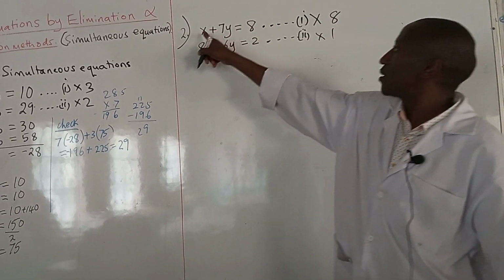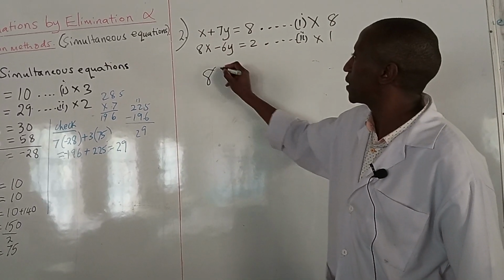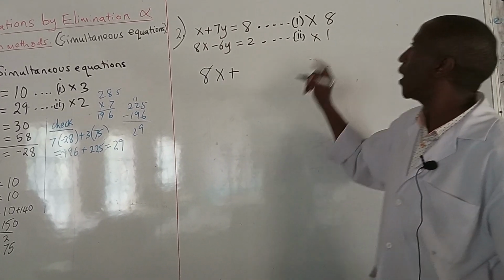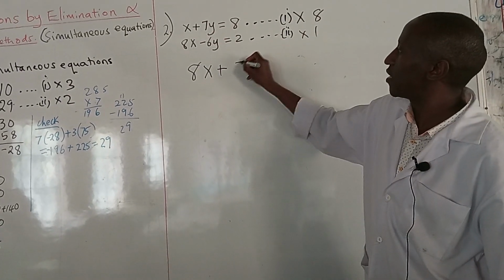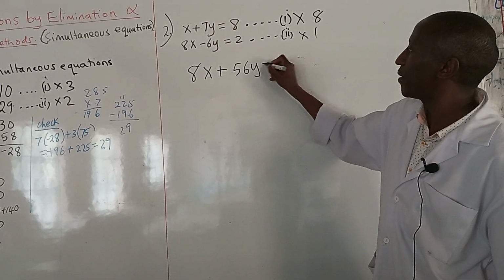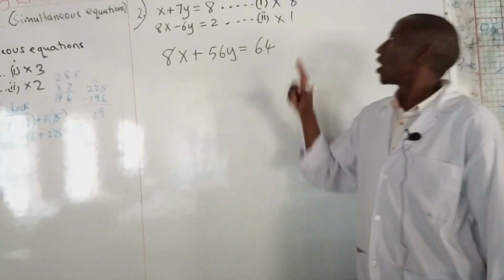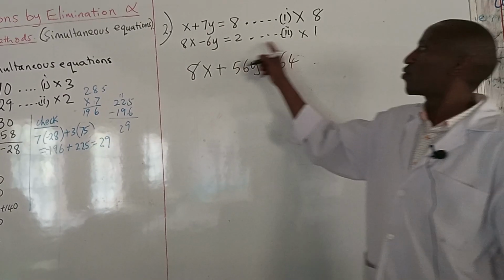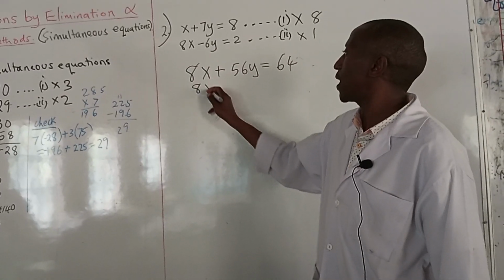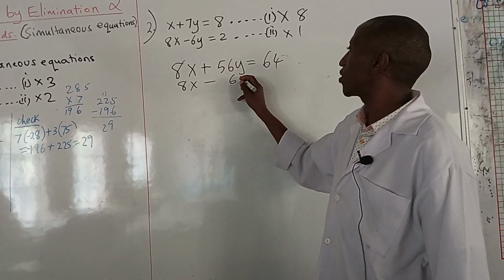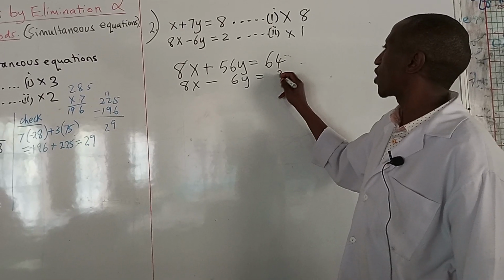So 8 times 1x gives you 8x. 8 times 7 is 56y. 8 times 8 is 64. In equation number 2, we are multiplying by 1, so we are left with 8x minus 6y, and that gives you a 2.